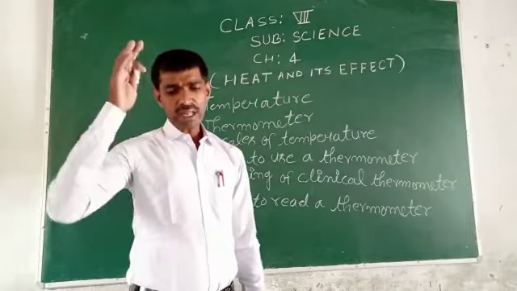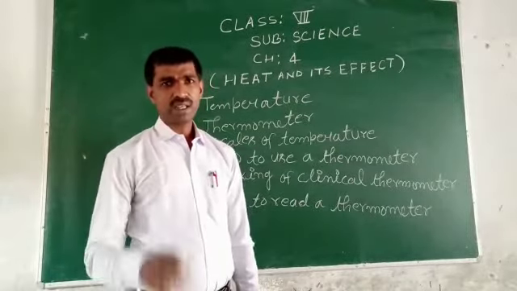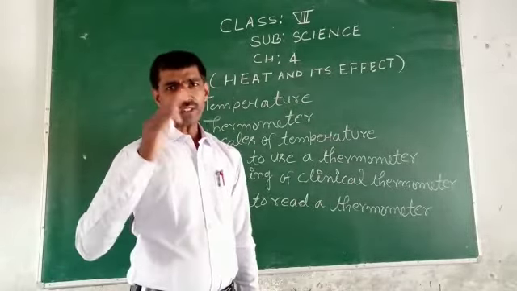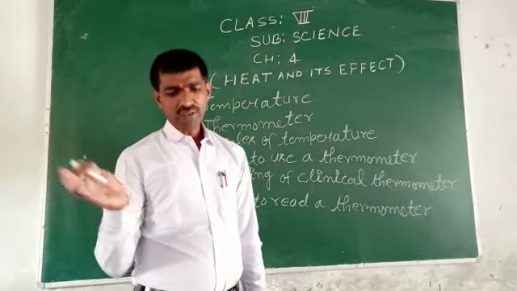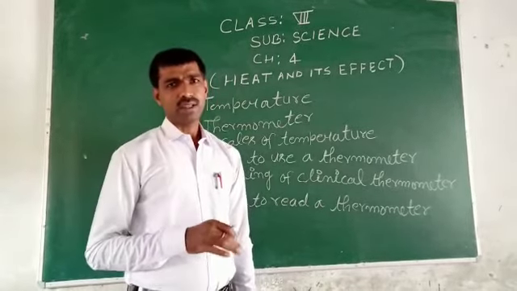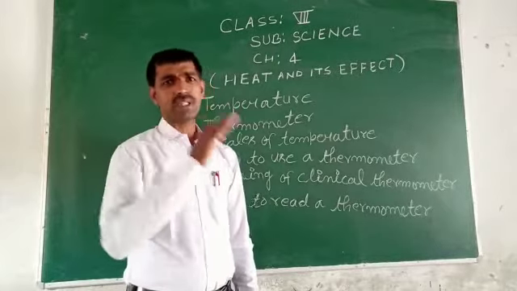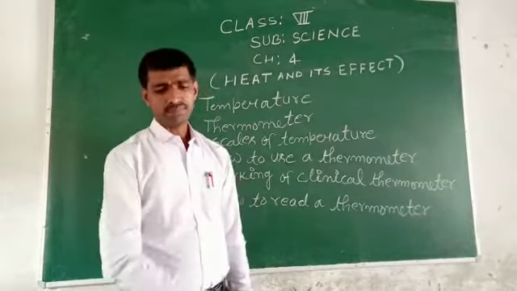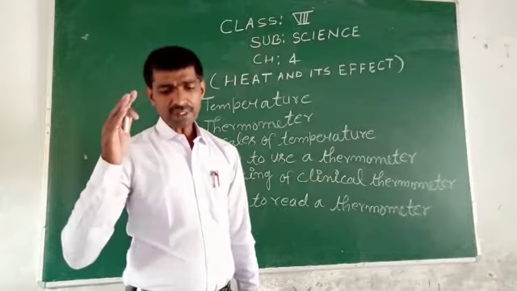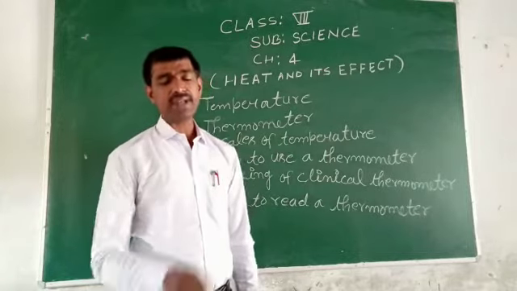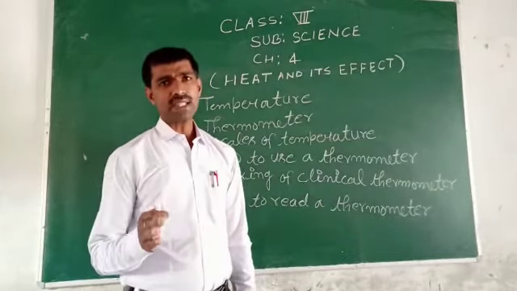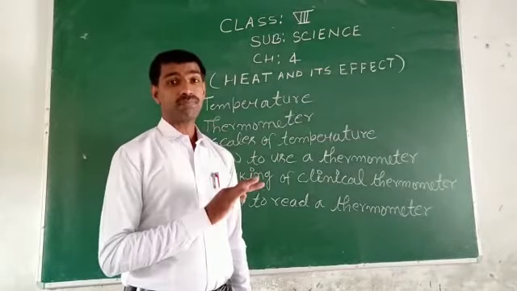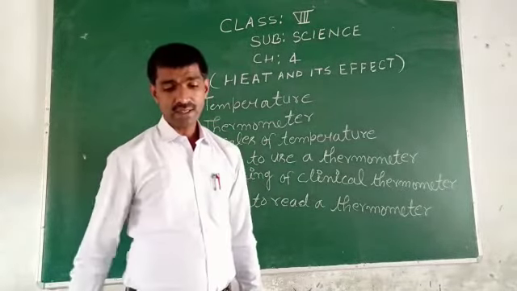A liquid thermometer has a long stem with a bulb at the end. Temperatures are marked on the stem in degrees.